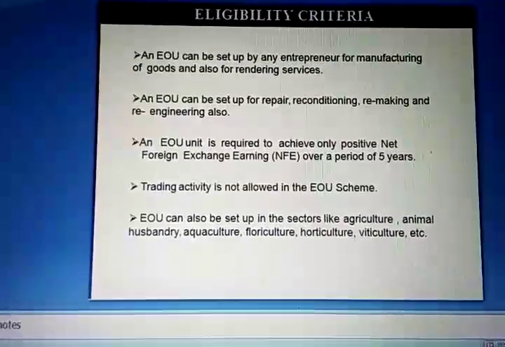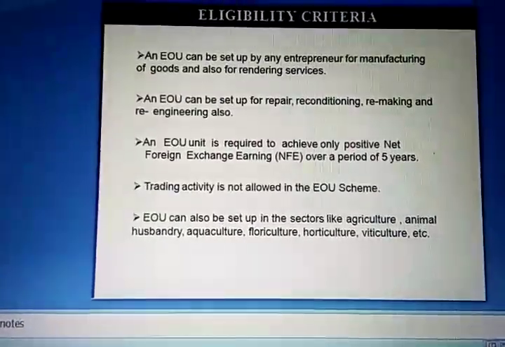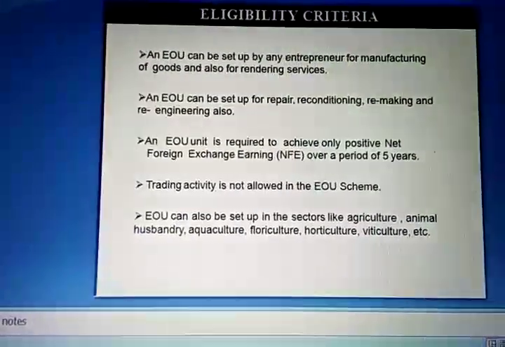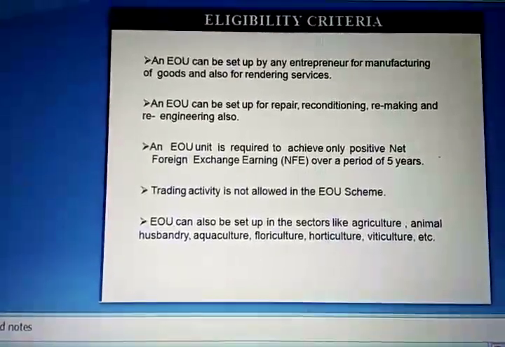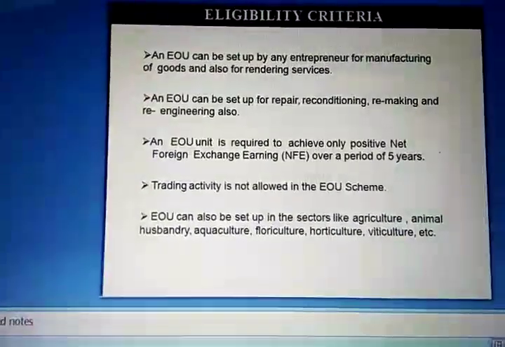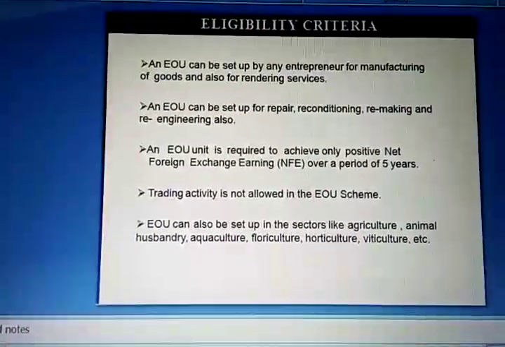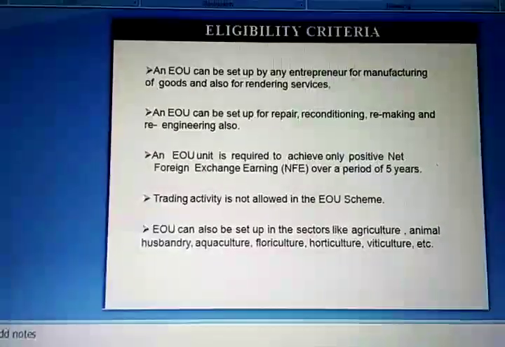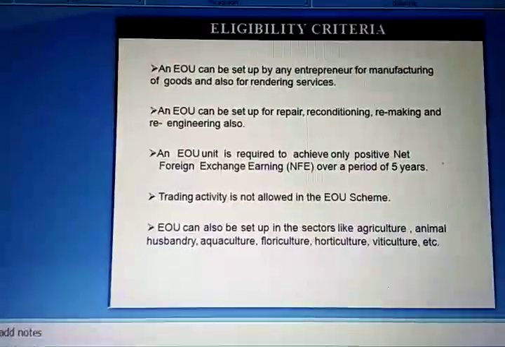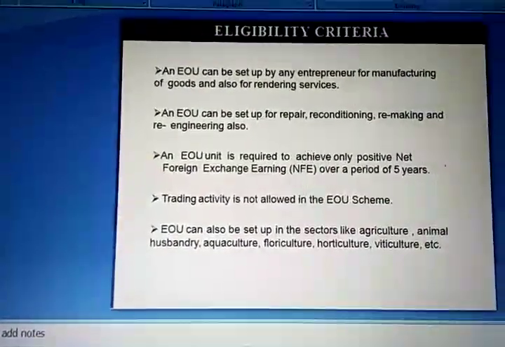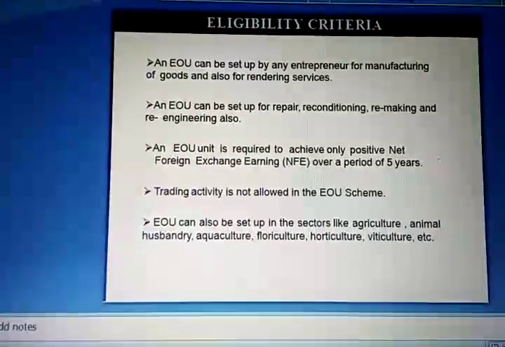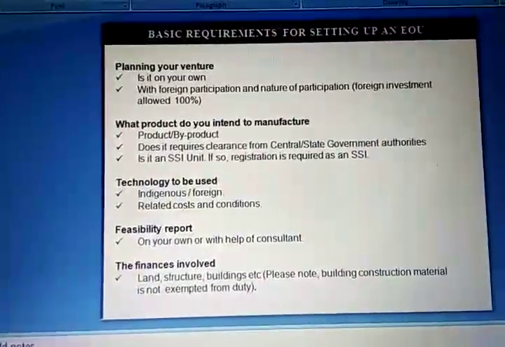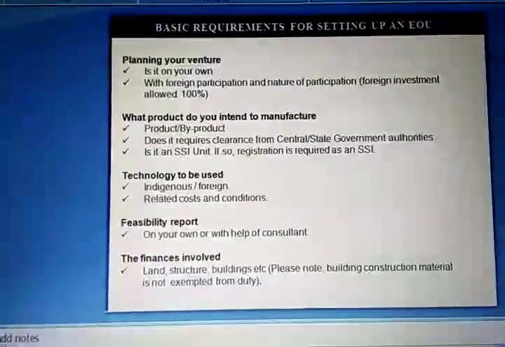Second, an EOU can be set up for repair, reconditioning, remaking and re-engineering also. Next, an EOU is required to achieve only positive net foreign exchange earning over a period of 5 years, and trading activity is not allowed in the EOU scheme. These are the eligibility criteria required for EOU.